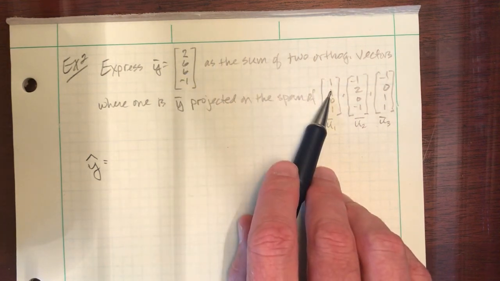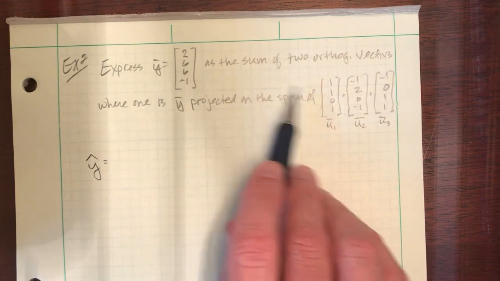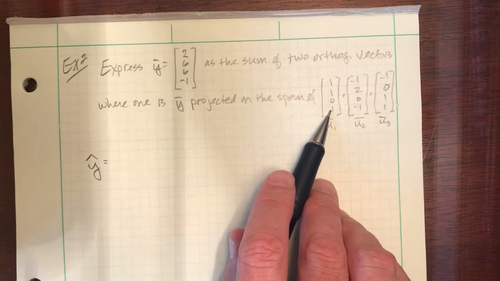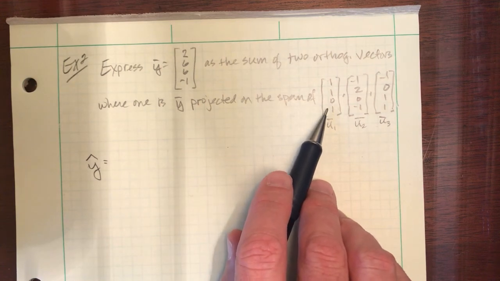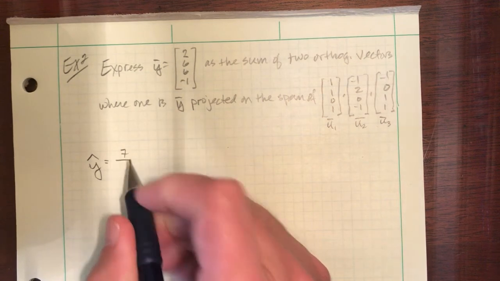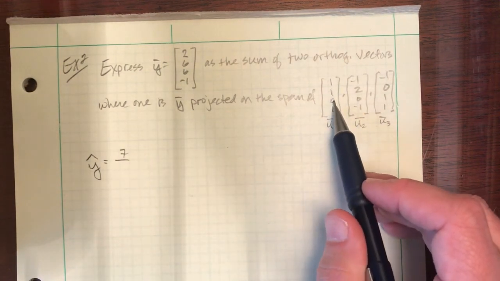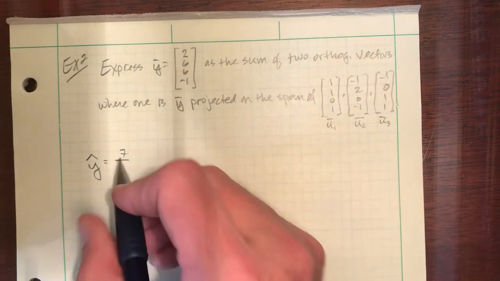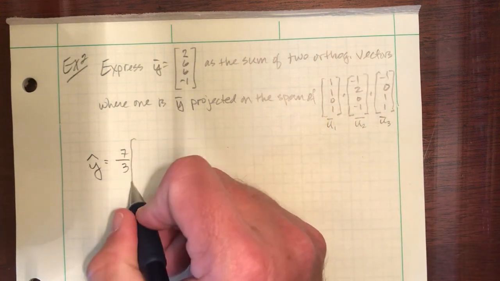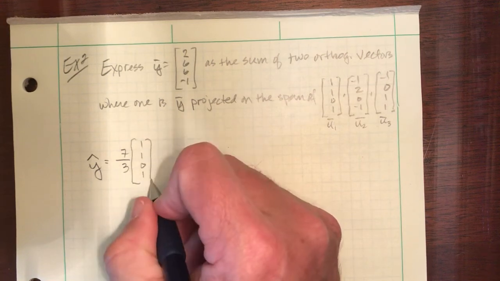So 2 plus 6 so far is 8. 6 times 0, so I'm still at 8. And then negative 1 times 1, 8 minus 1, we're at 7. So that's 7. And then u dotted with itself, 1 squared plus 1 squared plus 0 squared plus 1 squared is 3. And so that becomes the scalar of 1, 1, 0, 1.